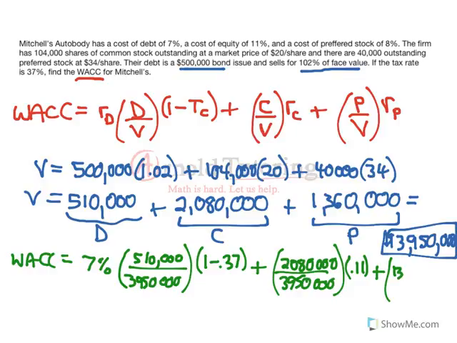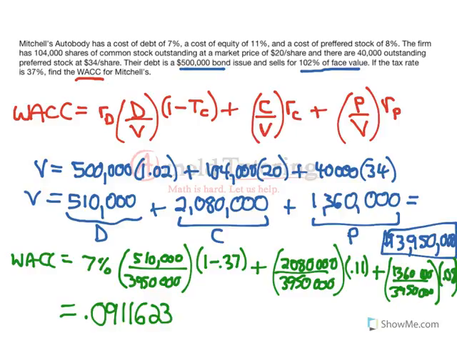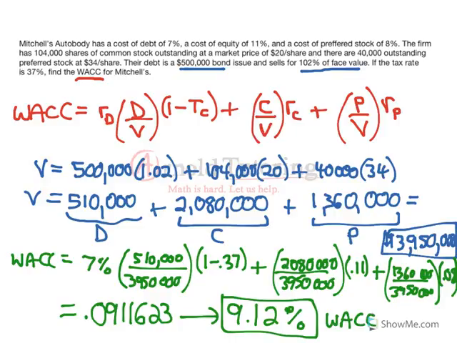So we said there's 1,360,000 of preferred stock out of the 3,950,000 total value, and on the preferred stock we're earning 0.08. Okay, so punch that all in the calculator and we get 0.0911623. Again, try and keep it all in your calculator until the end, which is 9.12%. We'll round it to 2 decimal places for our weighted average cost of capital.